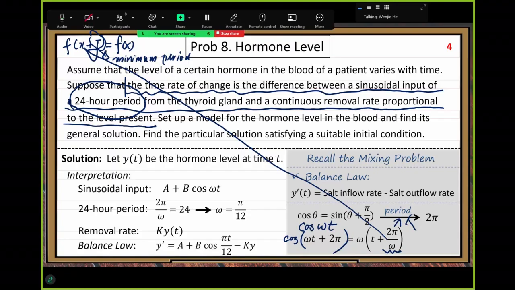So Y prime equals the positive rate, so you add the sinusoidal input, because you add the hormone level. So it's positive. Then the removal rate, minus Ky. So this is the ODE we need to solve.